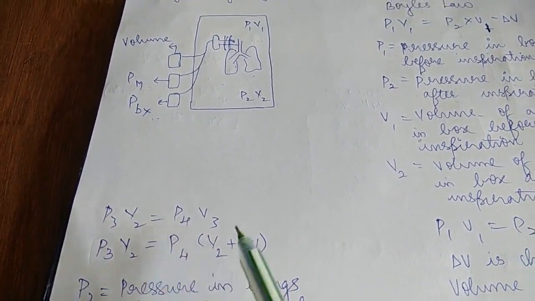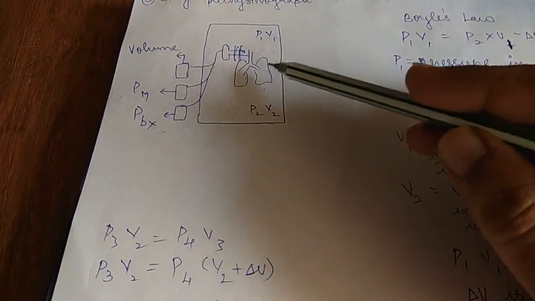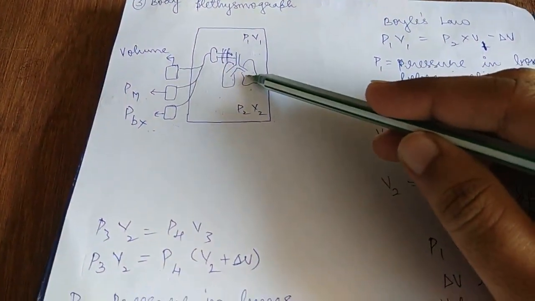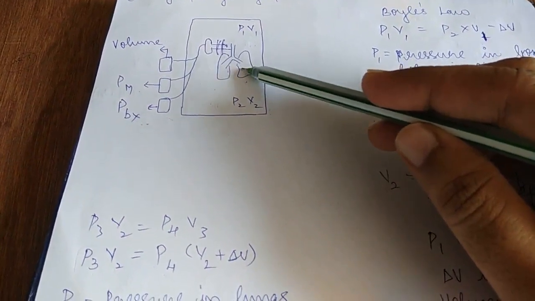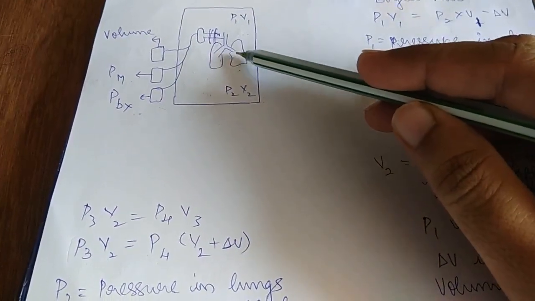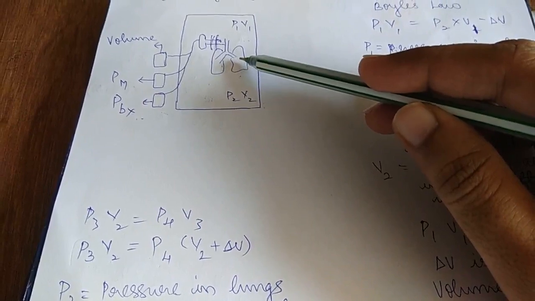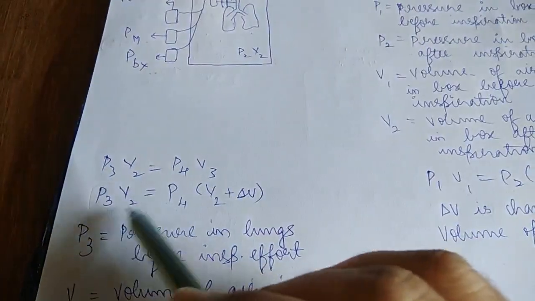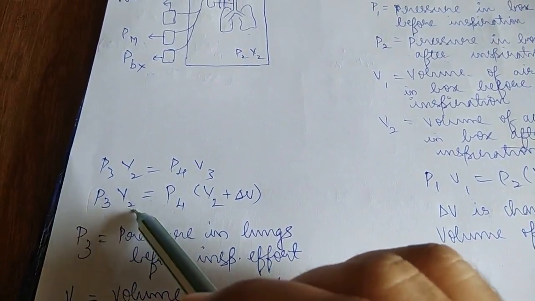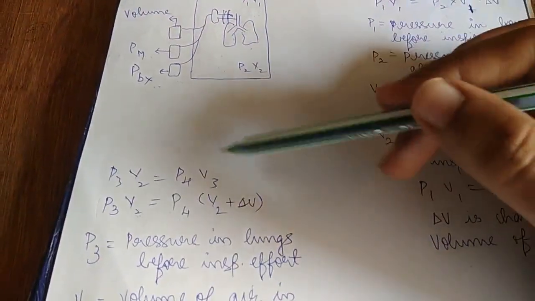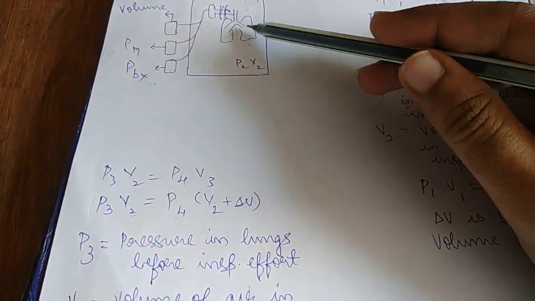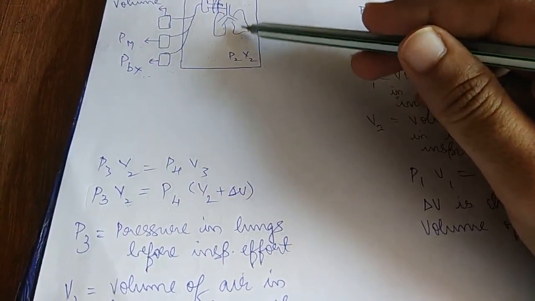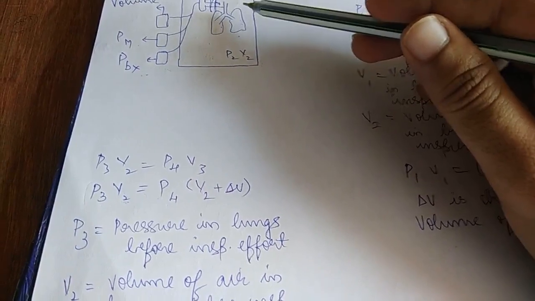V3 is V2 plus delta V. P3 is the initial pressure in the lungs before inspiratory effort, and V2 is the volume of the air in the lungs before inspiration, that is the FRC. V2 is the FRC that we need to calculate, and P4 is the pressure in the lungs after inspiration, and V3 is the volume of the air in the lungs after inspiration.